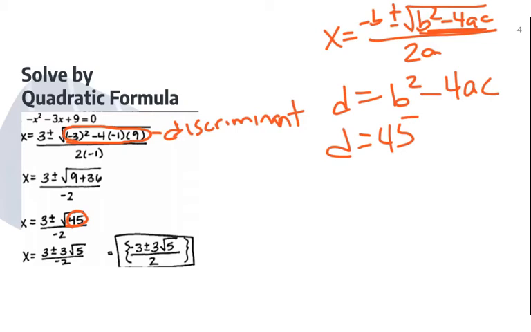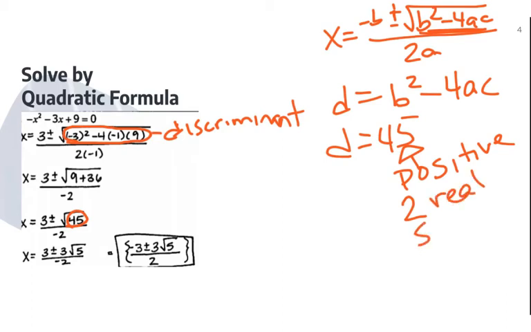But if this is a positive number, then that means you have 2 real solutions. And I see here that I'm going to have negative 3 plus 3 square root 5, divided by 2, and negative 3 minus 3 square root 5, and then divide that by 2. So you will have 2 real solutions here.